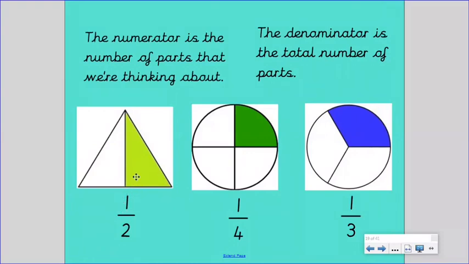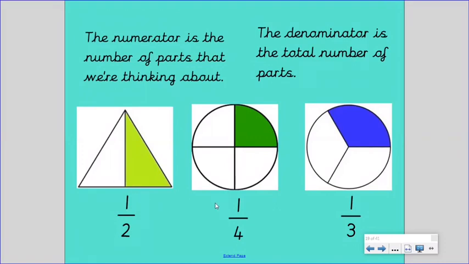That's the number of parts that we're thinking about, the number that's shaded. And there are 2 parts of the triangle in total. So the denominator, the bottom number, is 2. So we've got 1 out of 2 parts shaded, and we call that a half.